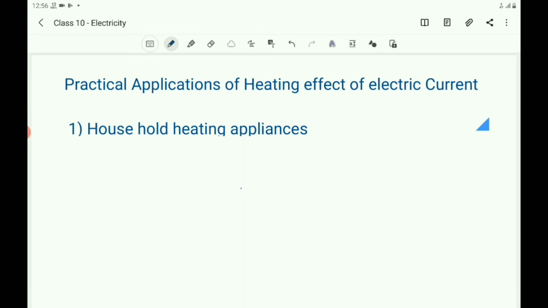You know that iron box, electric toaster, electric oven, electric kettle, electric heater, and many familiar devices work on the basis of Joule's heating. So, the main use of the heating effect of electric current is household heating appliances.